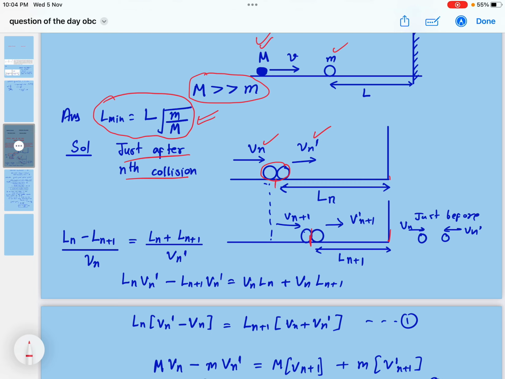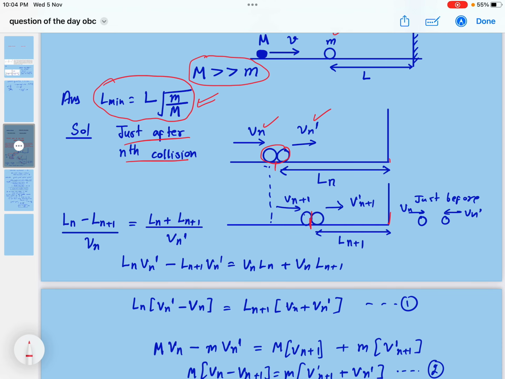The front ball with velocity Vn dash covers first Ln distance and coming back it covers Ln plus 1 distance, so the total time taken for this front ball is (Ln plus Ln plus 1) upon Vn dash.